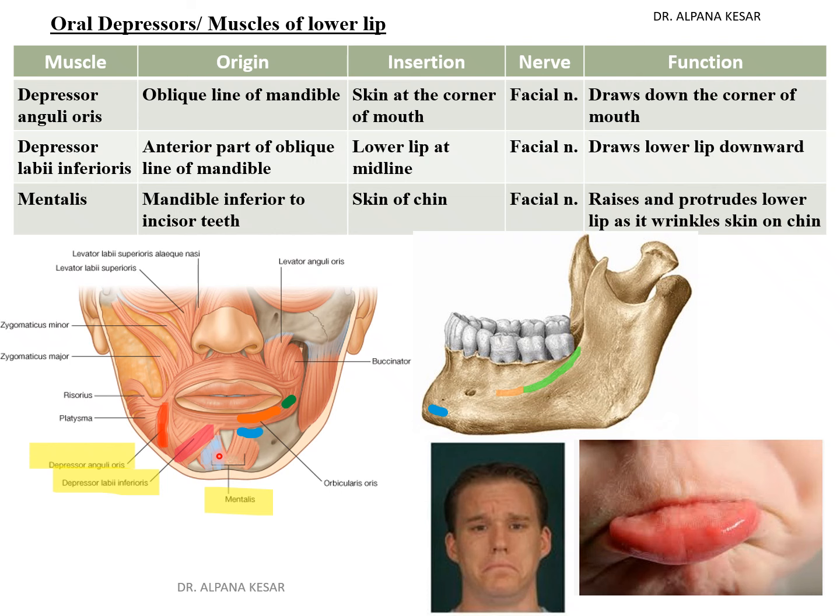The origin of depressor anguli oris is from the oblique line of the mandible. Insertion is at the corner of the mouth. Function is it draws the corner of the mouth downwards.